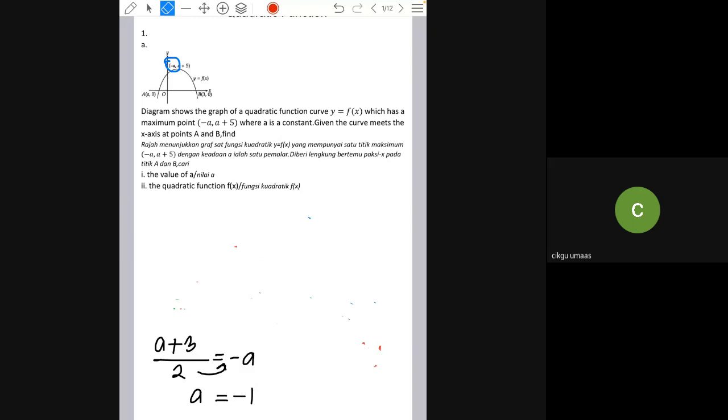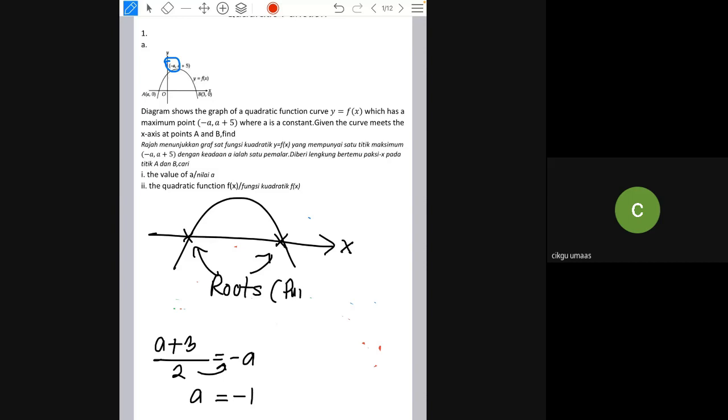When I substitute this into the curve, also can, or if you don't want, you can substitute into this. Because it cuts the X axis, we can call these roots, or in Malay, punca. So logically there are two roots, one is 3, the other one is negative 1. With the roots, I can build the quadratic function equation using a technique called the factorization method. Alright?